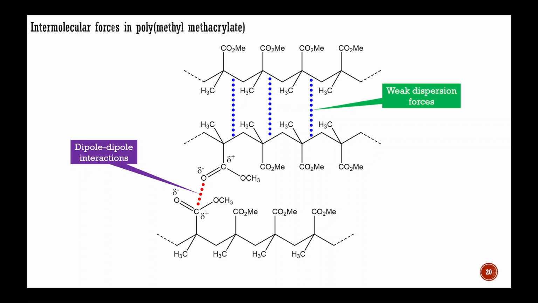In polymethyl methacrylate, weak van der Waals forces dominate the intermolecular interactions, making lenses based on this polymer largely hydrophobic. Polymethyl methacrylate chains do not interact much with water or biological molecules. Water only interacts weakly with its polar ester side chains via hydrogen bonding.